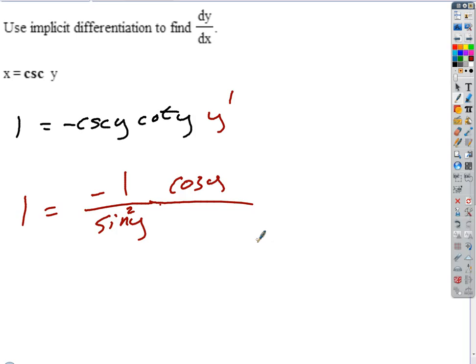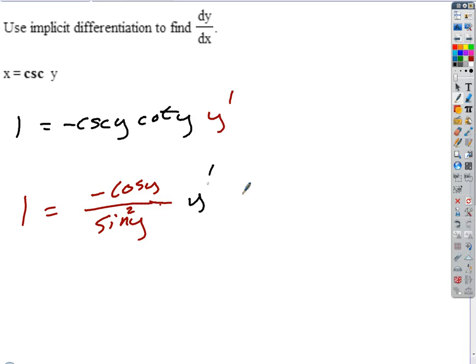And that's really just a minus cosine y on top, isn't it? That would be correct. Times y prime. So we'll just multiply both sides by the reciprocal, right?